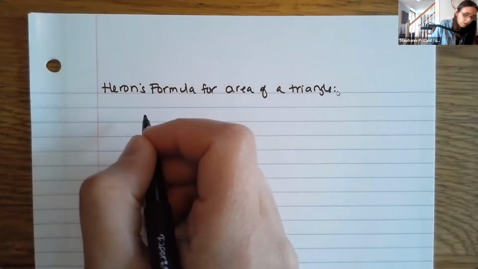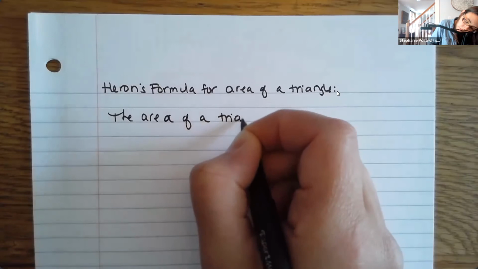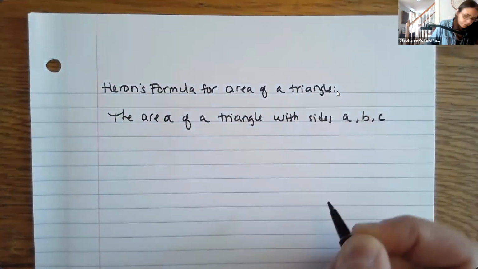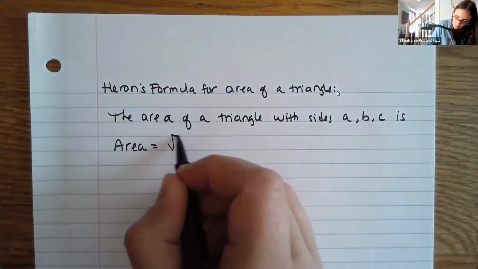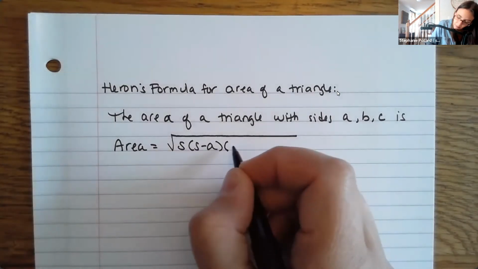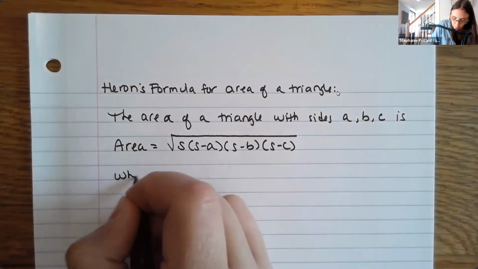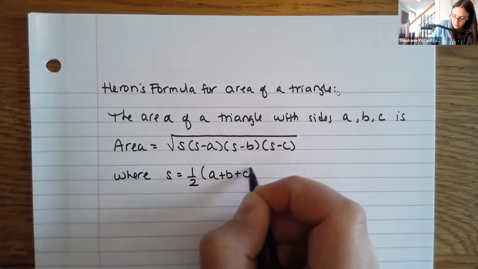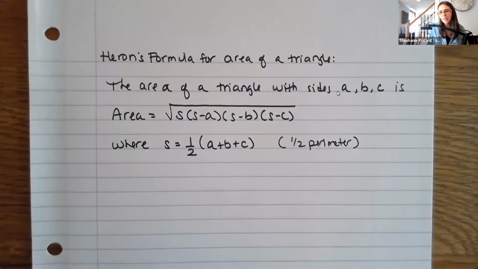So it says that the area of a triangle with sides A, B, and C is the square root of S times S minus A multiplied by S minus B multiplied by S minus C, where S is equal to 1/2 A plus B plus C. So 1/2 the perimeter of the triangle. So just another interesting formula.